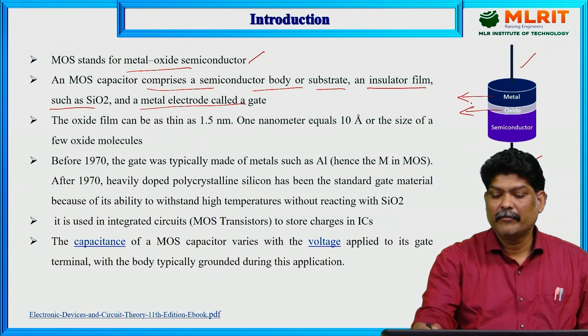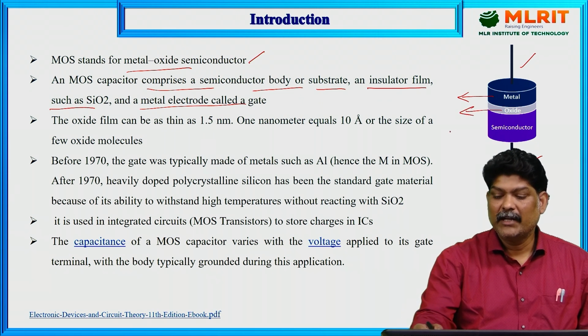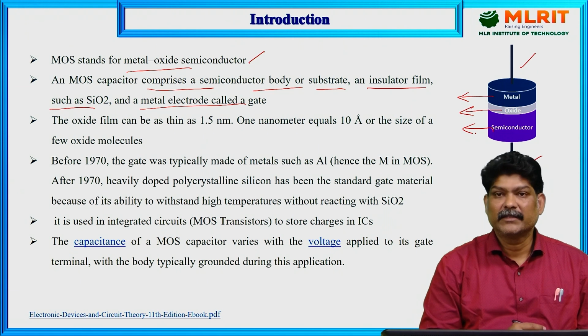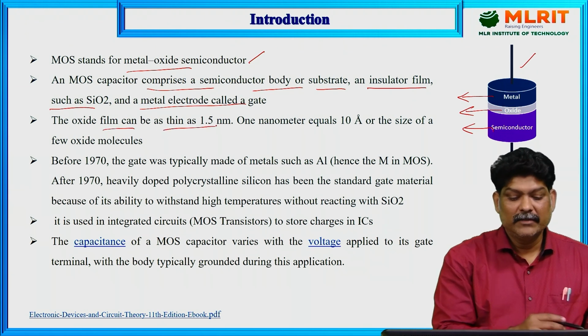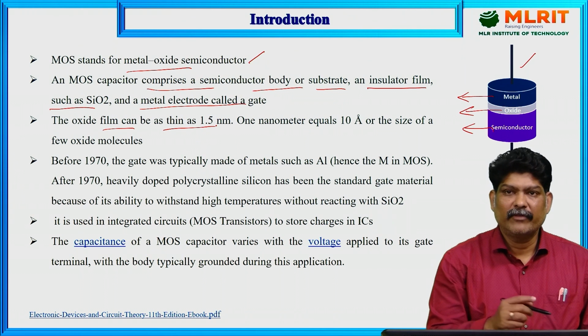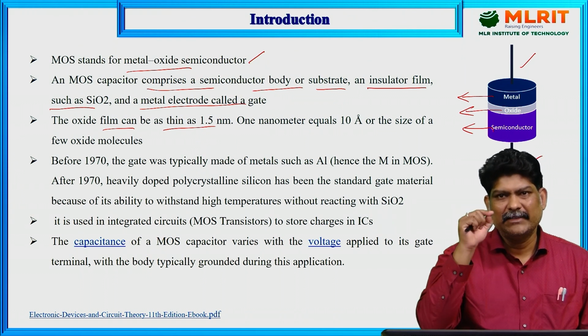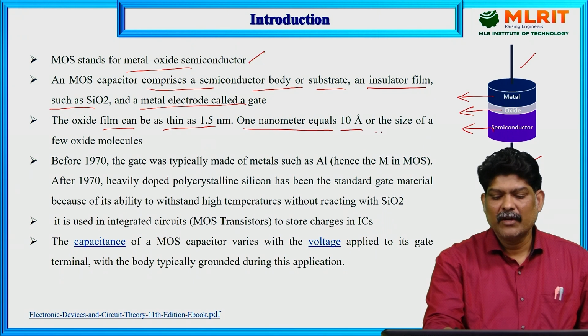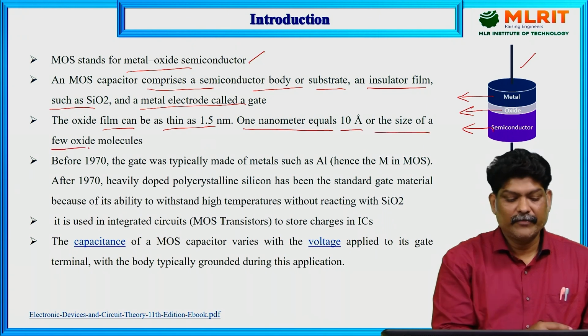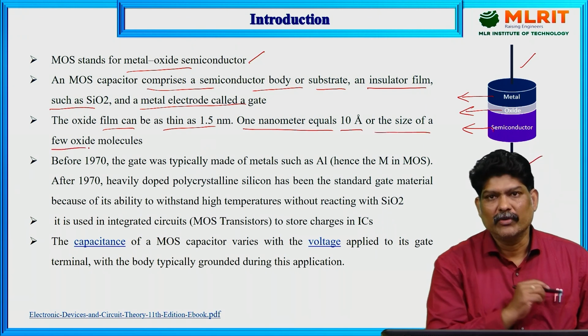The top layer is metal, the second layer is oxide layer, and the third layer is semiconductor layer. The oxide film can be as thin as 1.5 nanometers, so a very thin layer. 1 nanometer equals 10 angstrom, or the size of a few oxide molecules.